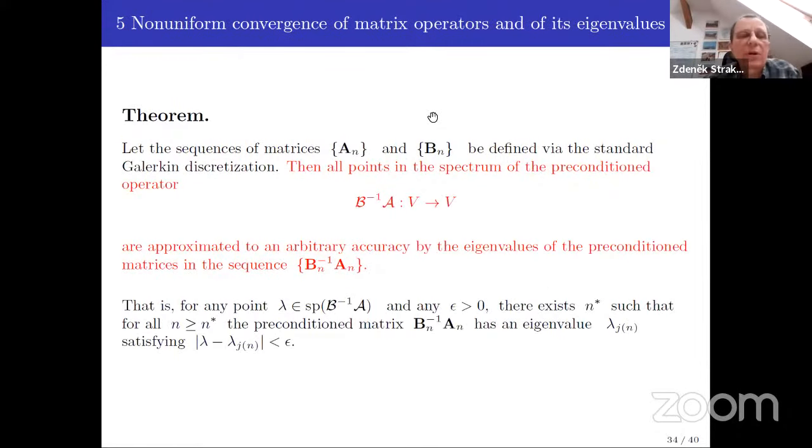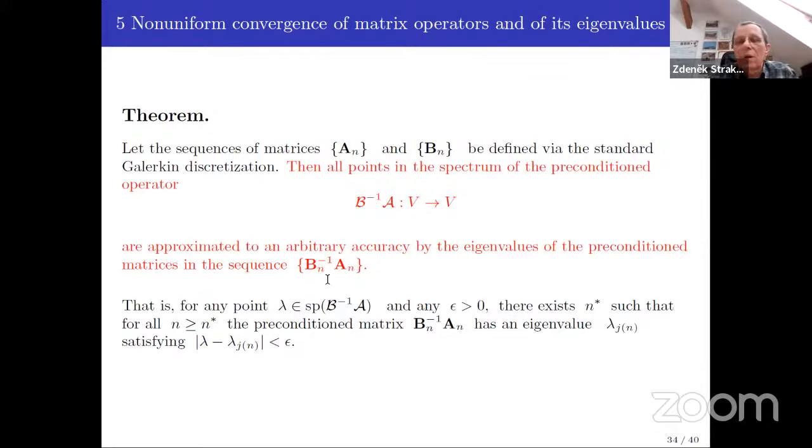Okay, here is the theorem. If you have the sequences of these two matrices, AN and BN, defined by the standard Galerkin discretization, nothing else, no specification, then all points in the spectrum of this preconditioned operator, B inverse A, are approximated to arbitrary accuracy by the eigenvalues of the preconditioned matrices in this sequence.